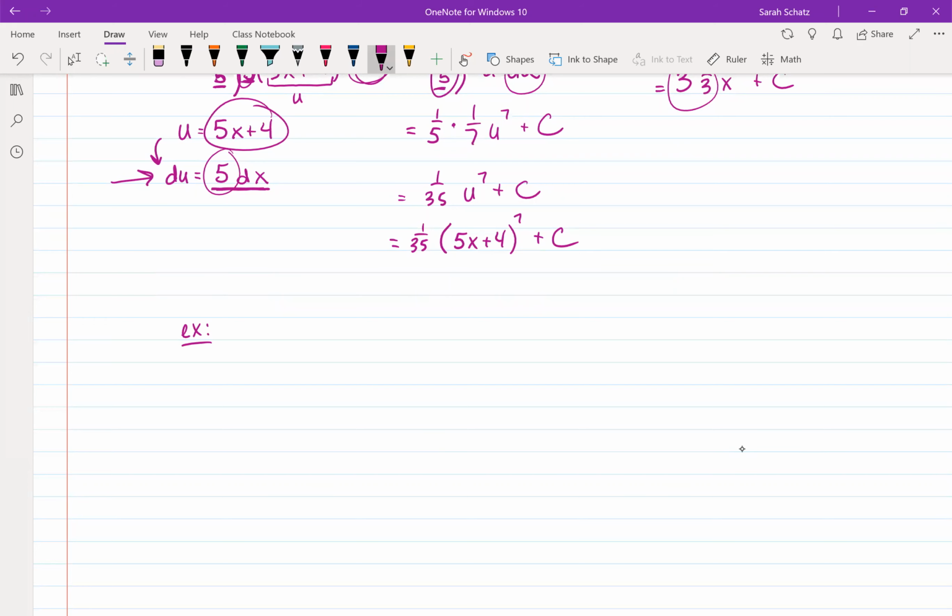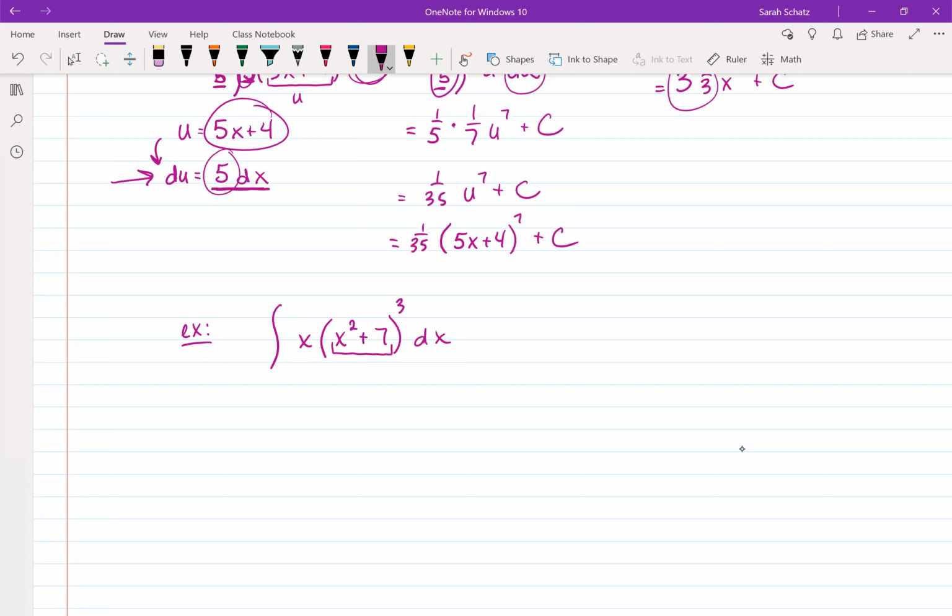So let's say I want to take the antiderivative of x times (x squared plus 7), let's just cube it, dx. All right, so what are you going to do first?